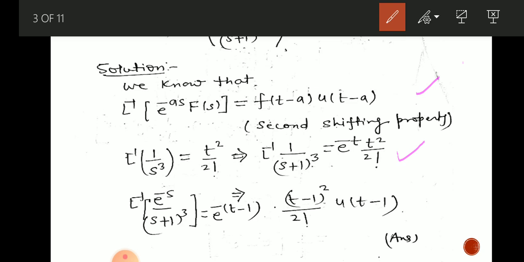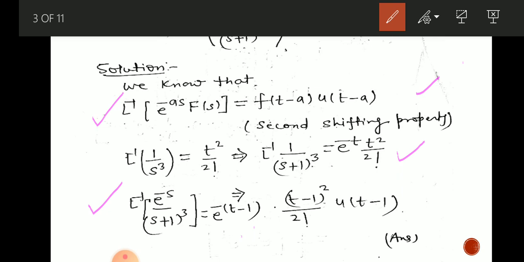So by using the second shifting property, this term Laplace inverse of e to the power minus s upon (s plus 1) cube, which is equal to e to the power minus (t minus 1). Okay, because it is clear that Laplace inverse of e to the power minus as F(s) is equal to f(t minus a) u(t minus a).